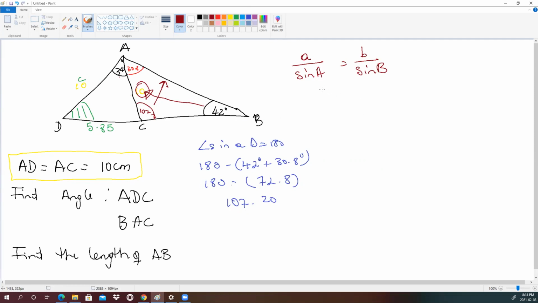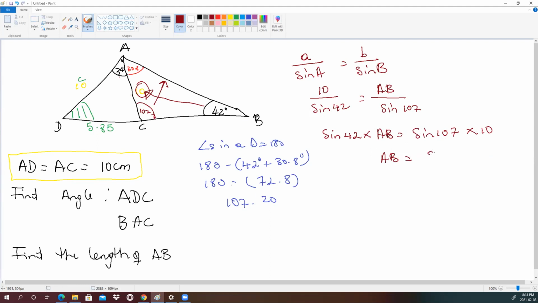So for the sine rule, our A would be 10 over sine of 42 equals the B that we're trying to find, which is AB, over the sine of the opposite angle, which is 107.2. So sine 42 times AB equals sine 107.2 times 10.